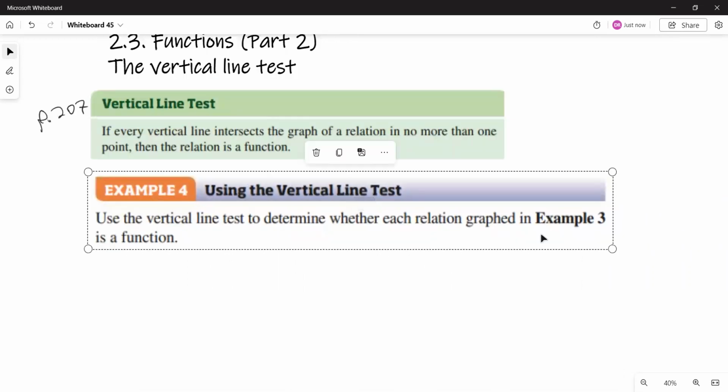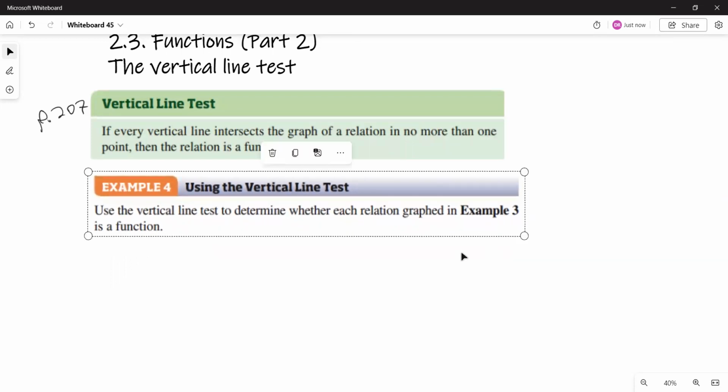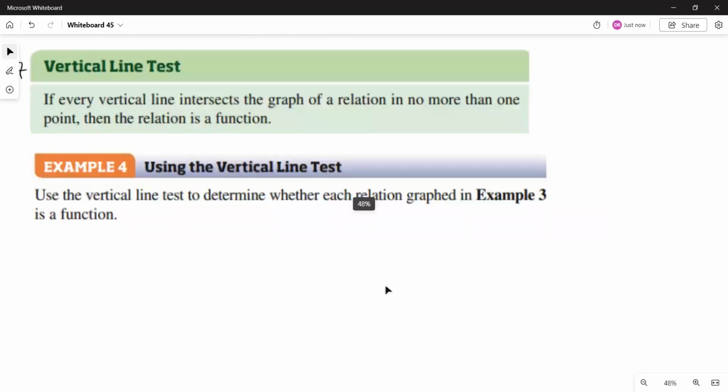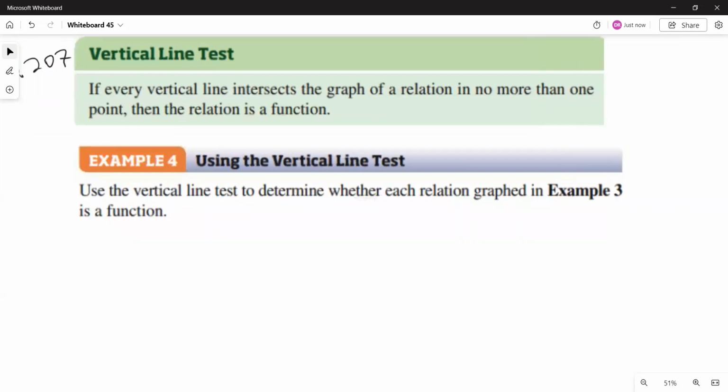So use the vertical line test to determine whether each relation graphed in example 3 is a function. And I will copy the relations from example 3. Let's copy those.